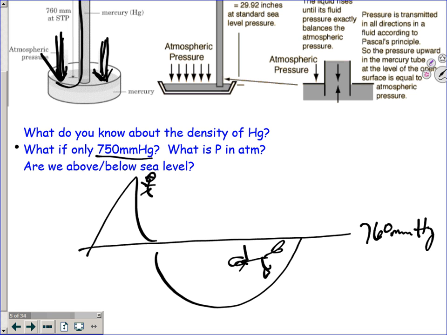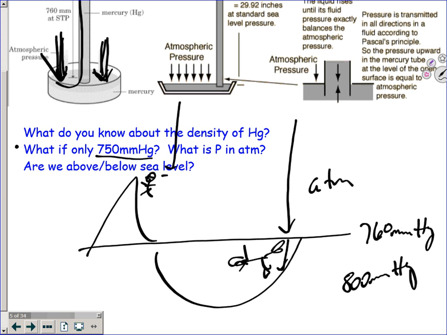As you go down beneath the ocean, you've got all of this atmosphere pushing down, plus the extra water pressure. So as you go beneath the ocean, what should your pressure do? Something like 800 millimeters of mercury. And as you go up on a mountain, you have less pressure pushing down on you. So what should your atmospheric pressure now be? Decrease, say like 720. That might be detrimental to your health, but there you go.